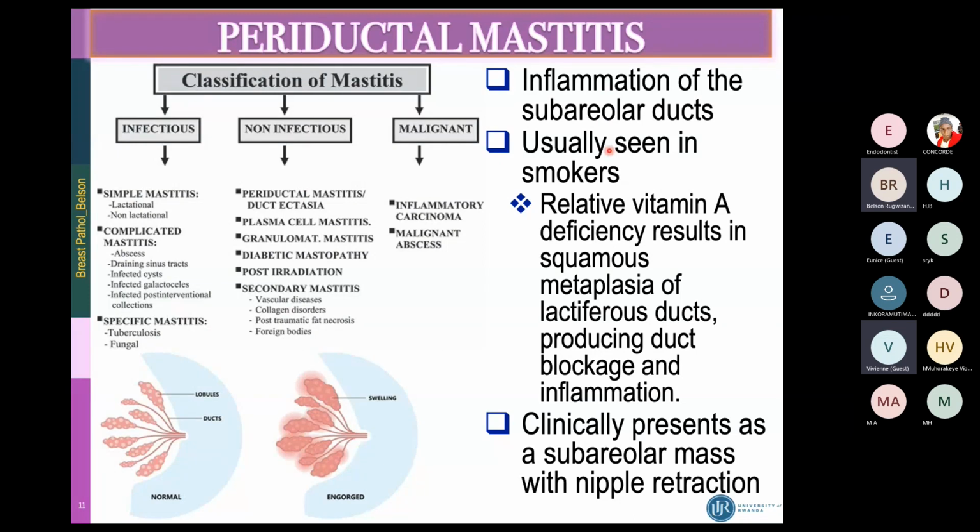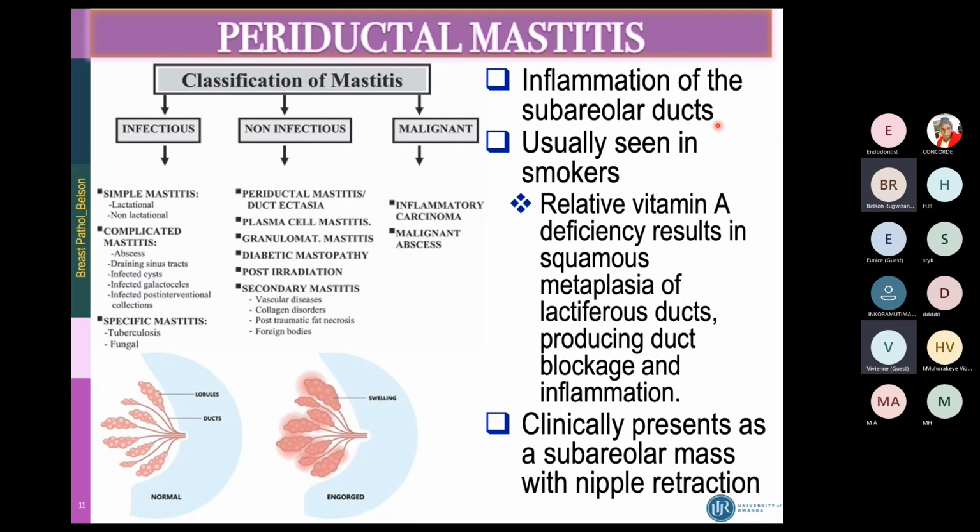So they have a relatively vitamin A deficiency, which results in squamous metaplasia of the lactiferous ducts, producing duct blockage and inflammation. So you can understand these ducts, they are lined by simple pseudostratified columnar epithelium. Because we have skeletal cells which are columnar, and then behind them we have the basal cells.